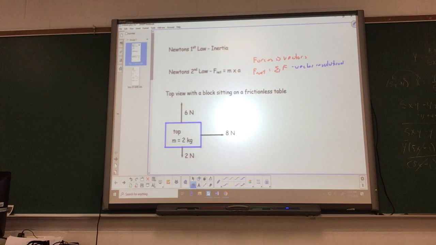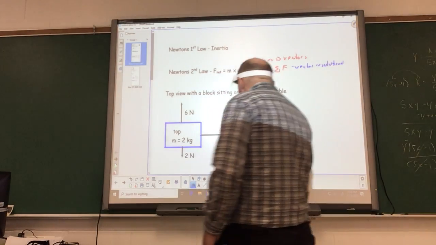And when you have things at angles, just like when we had trajectory, two-dimensional motion, your horizontal component was your magnitude, your velocity, times the cosine, and the vertical was times the sine. That's the same thing that's going to occur here.